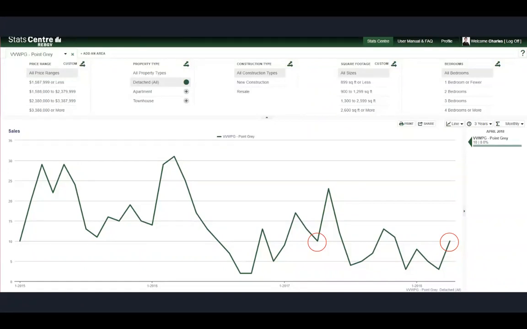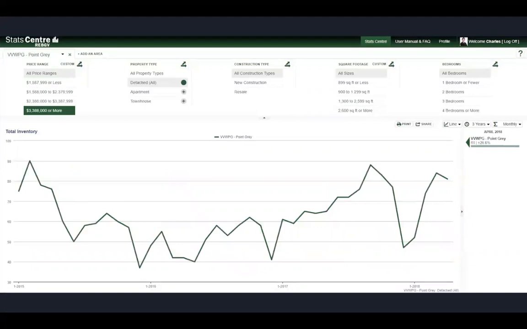Middle of 2017 was a jump for a lot of home prices, and then it went down afterwards. And then the trend is coming back up again in the middle of 2018. So what it means is that the market, instead of going down, looks like it's coming back up at that time.